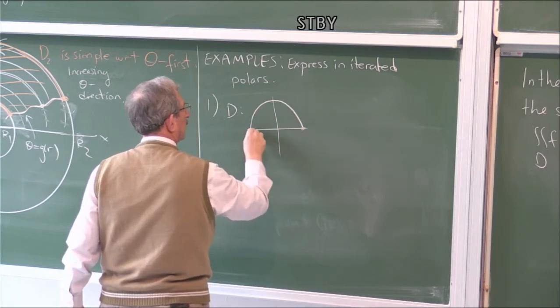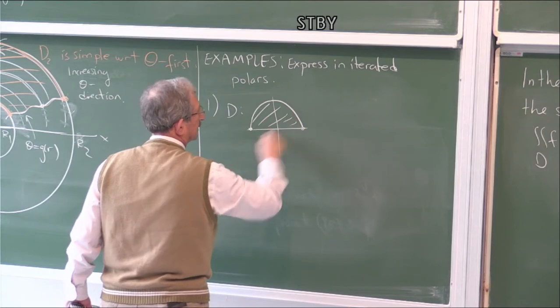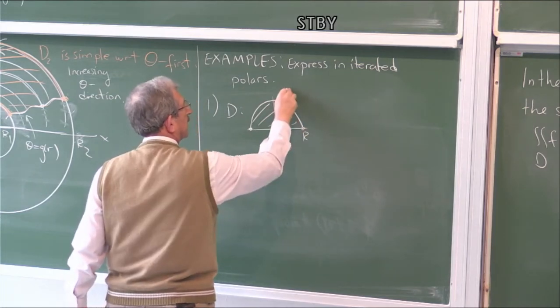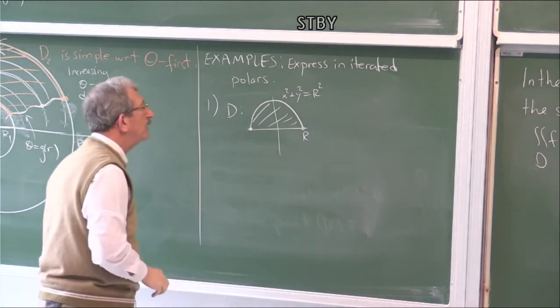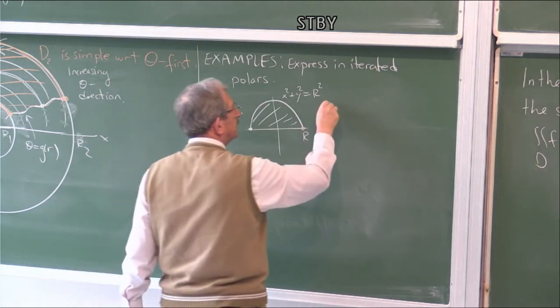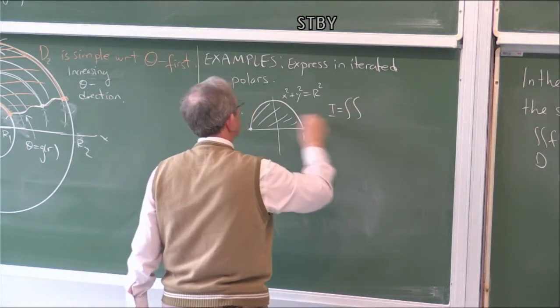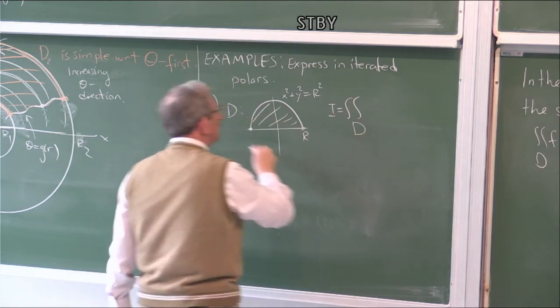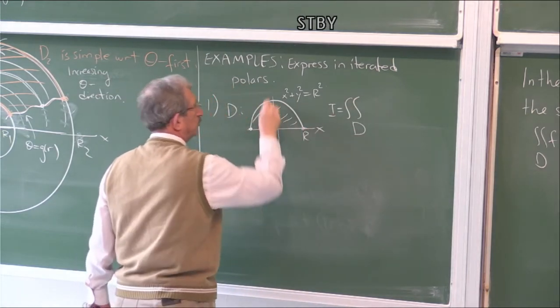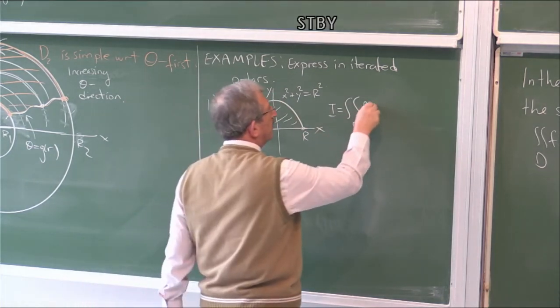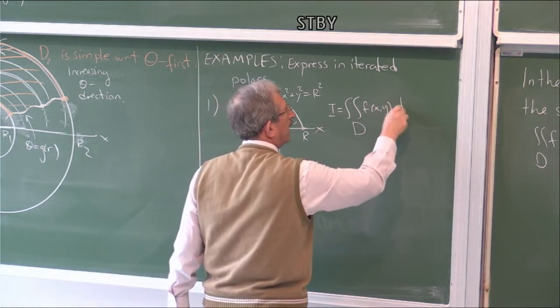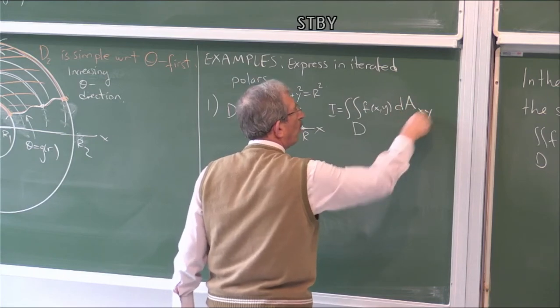The half disk, that is. And this is x squared plus y squared is R squared. So, we want to express I, which is an integral over D. This is, of course, dxy. We are not in polars yet. Okay, we have some f, and we have dA all xy's.